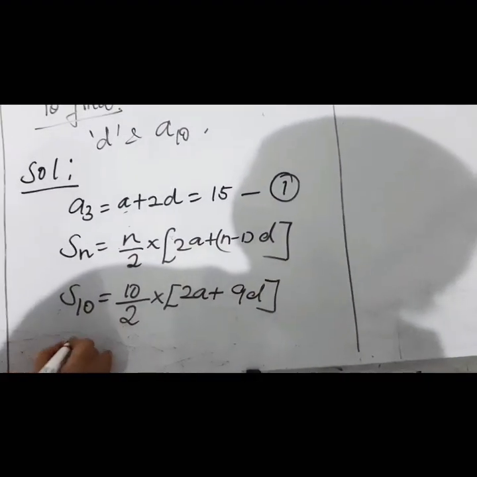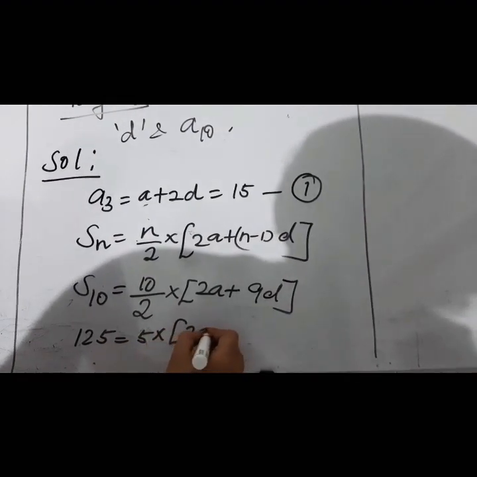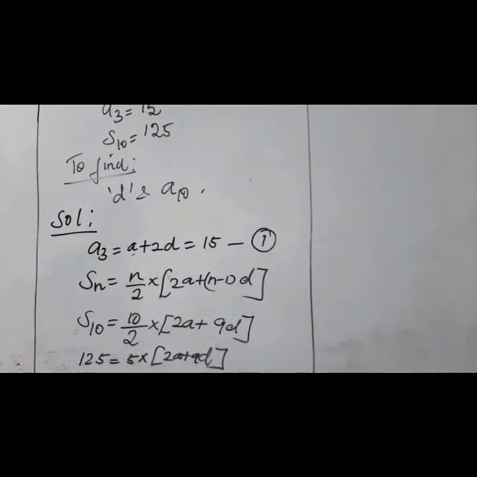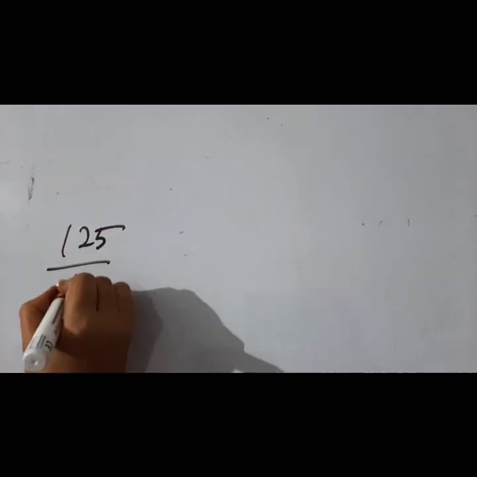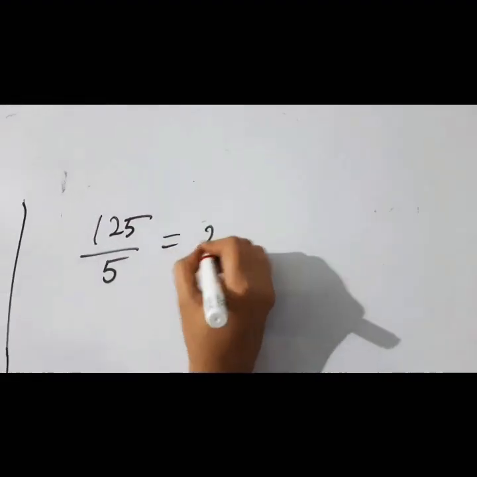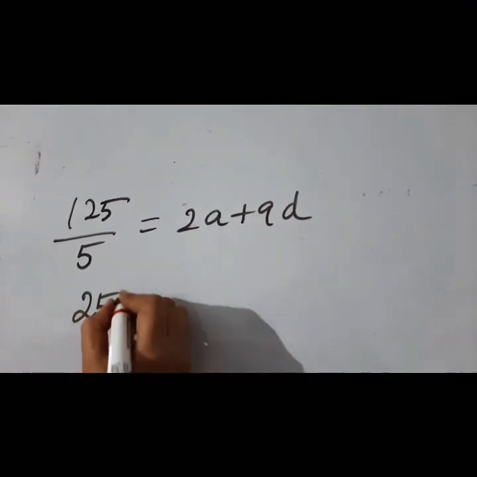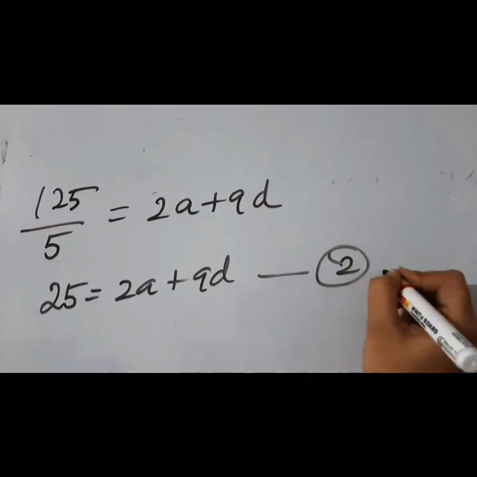That is 125 is equal to 5 into (2a plus 9d). When you solve this, 125 by 5 is equal to 2a plus 9d, you will get 25 is equal to 2a plus 9d, your second equation.